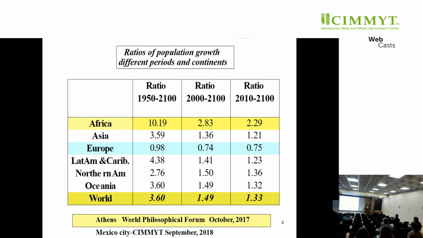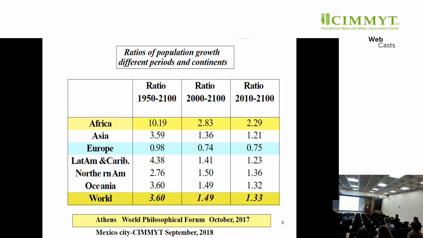Yes, here. This is the growth table, and what is important comes from the book. The ratio 2000 to 2100, according to the UN data from that time, is that there will be a pace of 2.83. This is enormous, to my understanding.